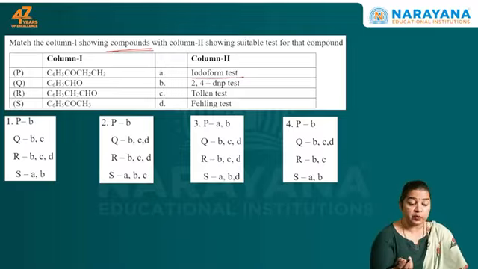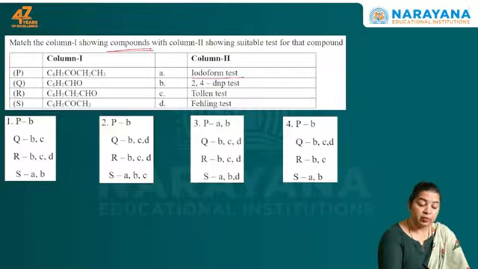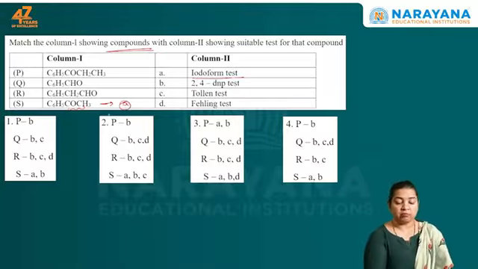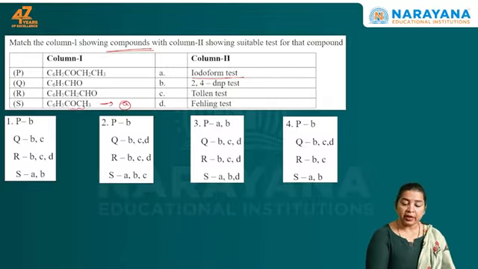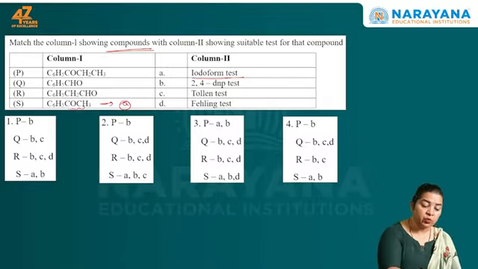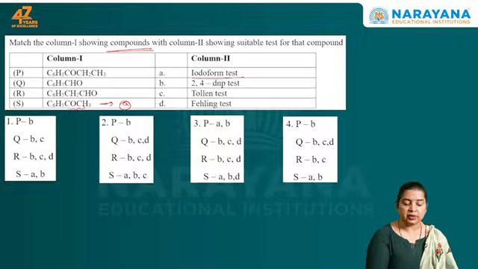Well, iodoform is a methyl ketone combination. This is suitable for methyl ketone. We expect S to give choice A. Fine. Any other one who can give this test? Well, not here. So A is matching only with S.